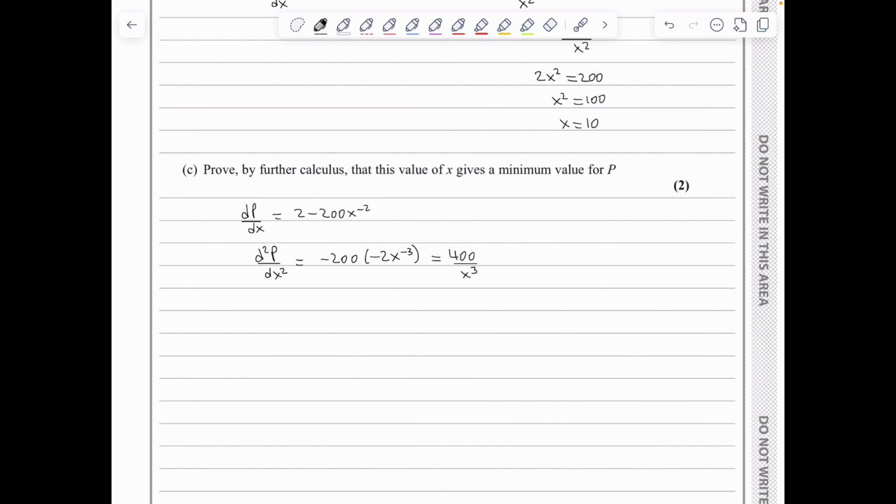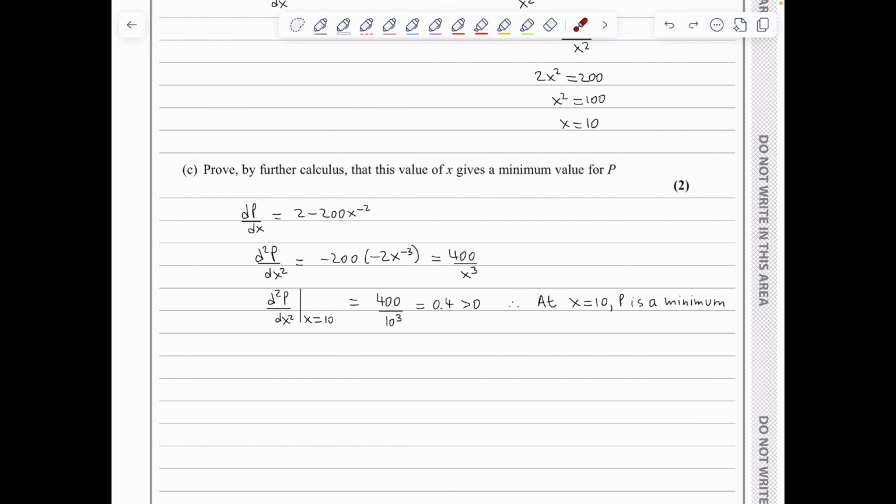I will proceed in evaluating the second derivative at x is 10. So d2p by dx squared at x is equal to 10 is equal to 400 over 10 to the power of 3, which gives an answer of 0.4, which is greater than 0. And therefore we conclude that at x is 10, p is a minimum.